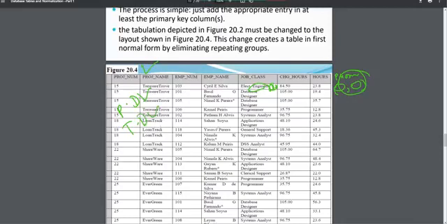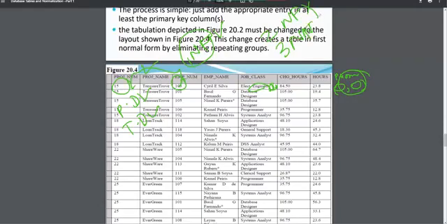If you can uniquely identify the others using these keys, you can consider it first normal form. But is it in second normal form? No. Third normal form?